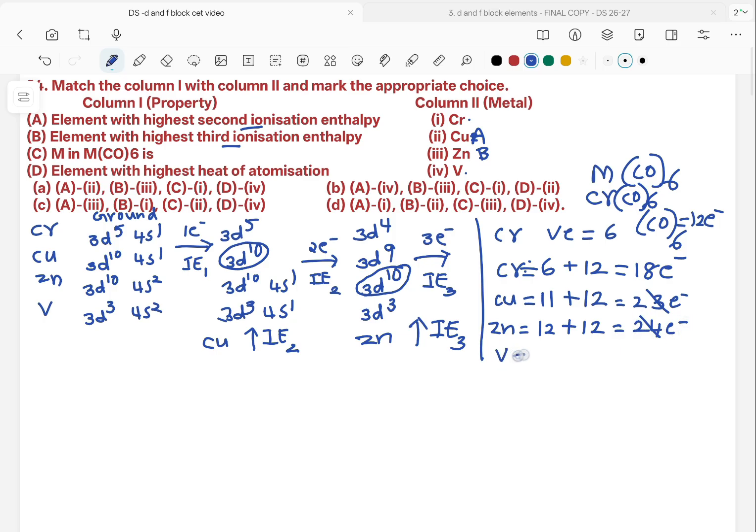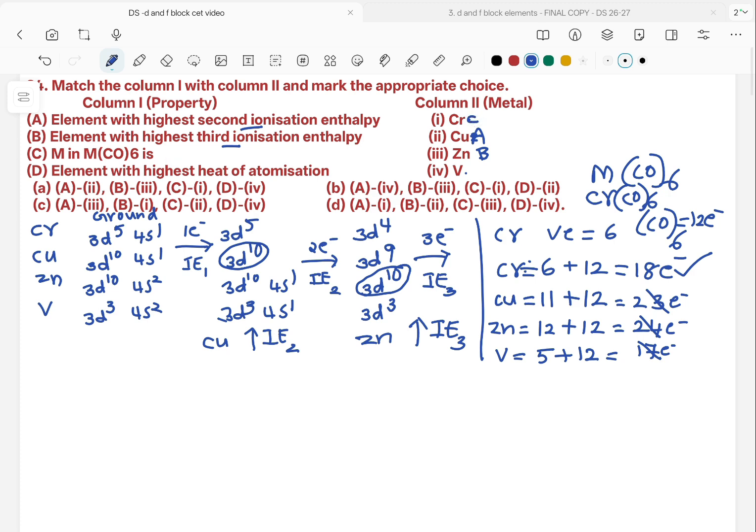Vanadium has 5 valence electrons, and combined with the 12 electrons of carbonyl, it becomes 17 electrons. Therefore, it is also not possible. Chromium can make bonding with 6 carbonyl ligands. Therefore, for C option, 1 should be the answer.